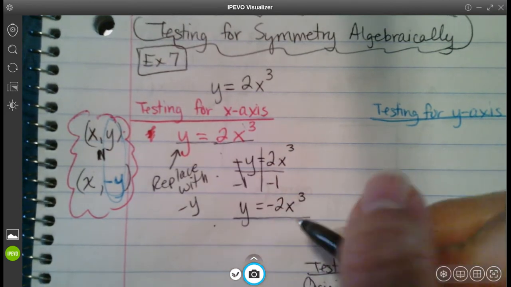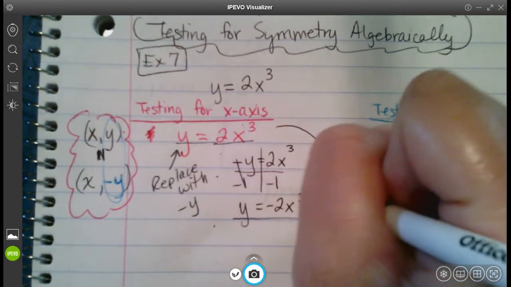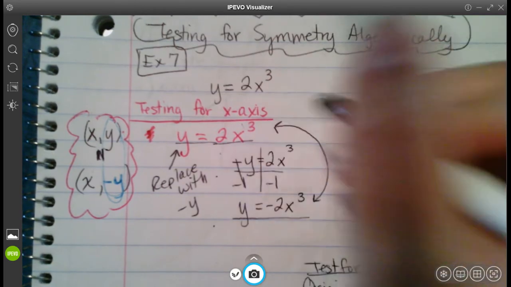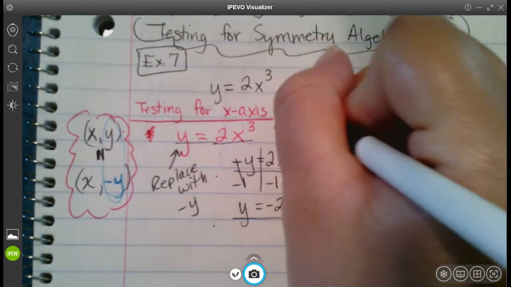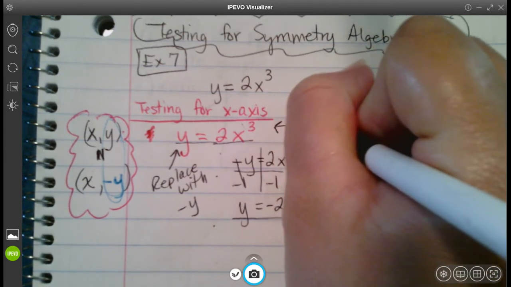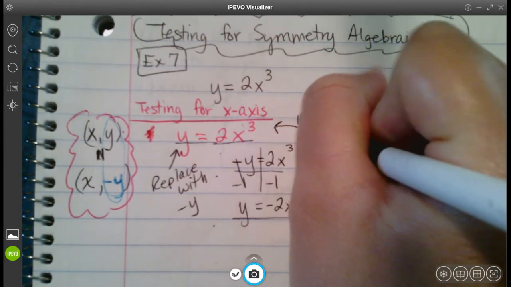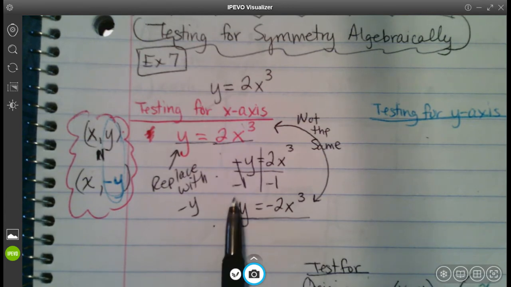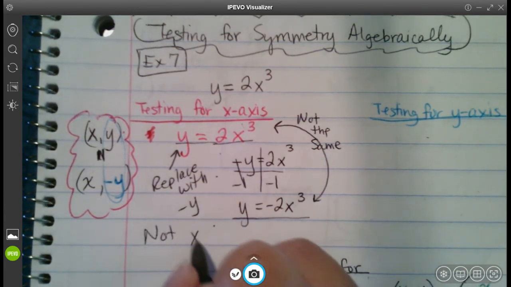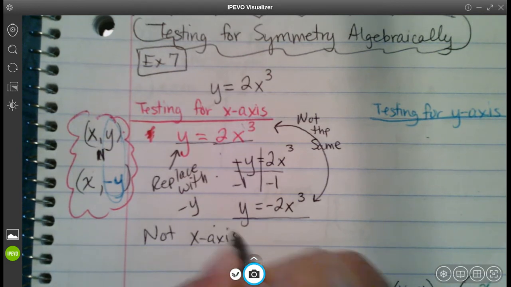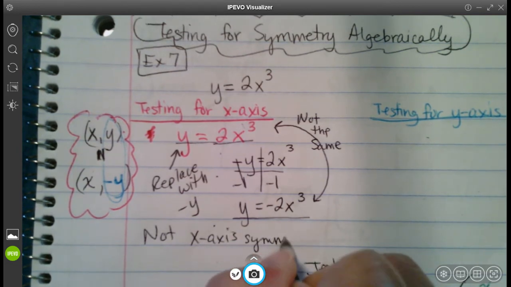So this is my end product. And if I compare these two, they are not the same. So that means that this one is not x-axis symmetry.